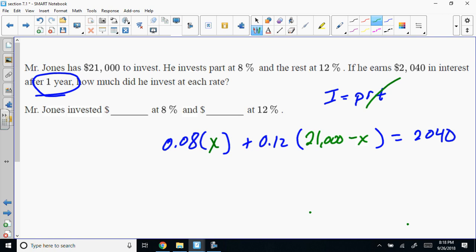You can do this in a table if you want to. There's ways to show this worked out so you can plug it. P times R equals that, plus this has to equal how much interest, right? So a table sets up real nice, but we've done this one before, guys. So solve it. Tell me what you get for X.